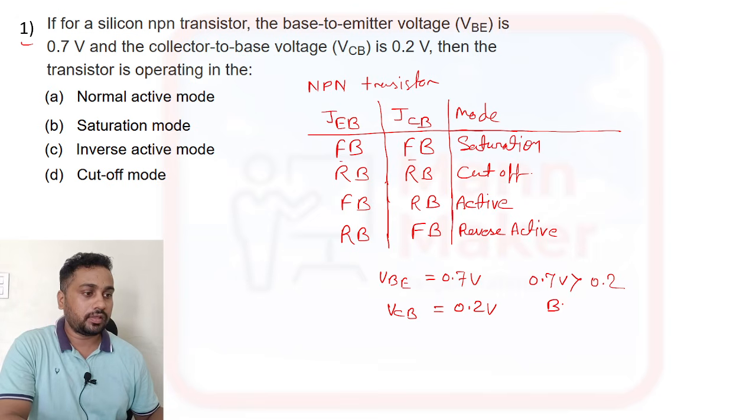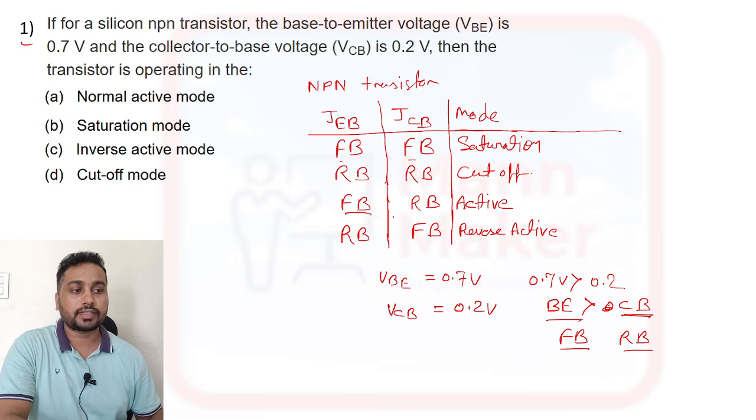So this VBE junction is in forward bias and this CB is low, so it is in reverse bias. So emitter base is in forward bias and collector base is in reverse bias, which means it is in the active region, normal active mode. Option A is the right answer.